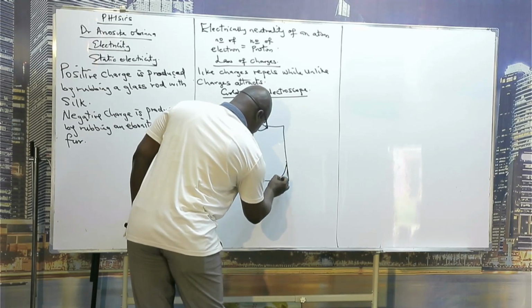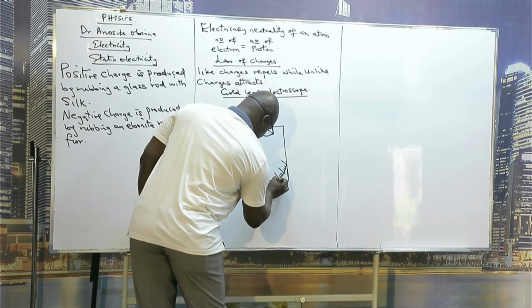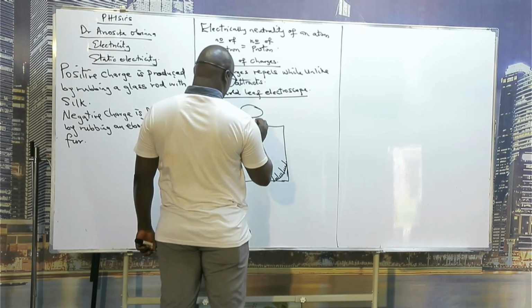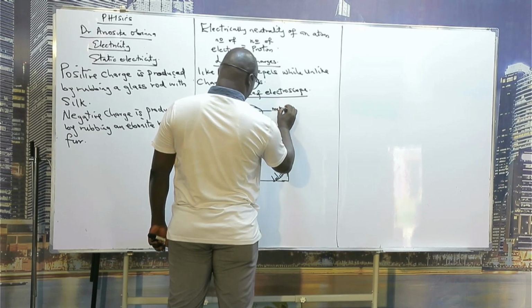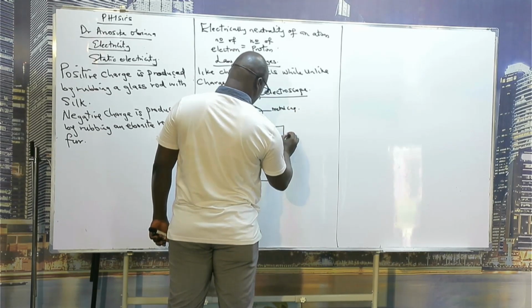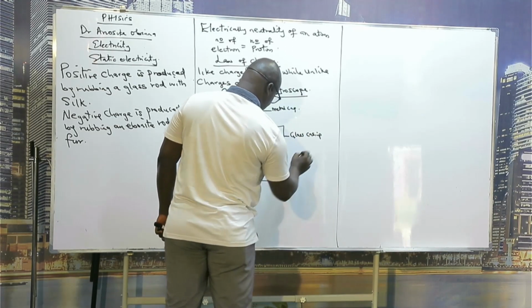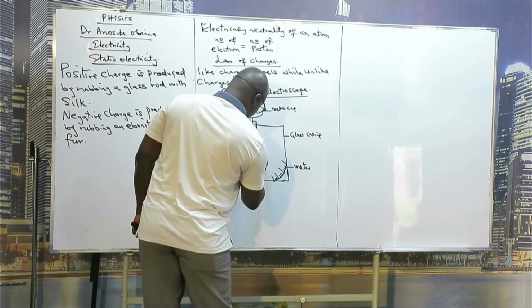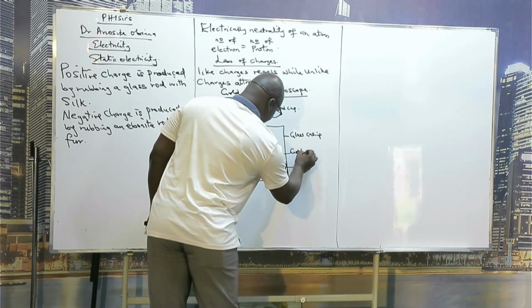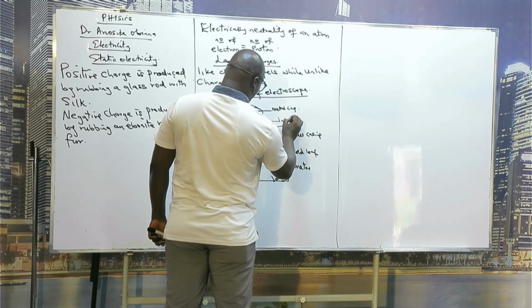Around the glass casing, we have the metal. The metal cap, the glass casing, the metal, we have the gold leaf. And this is the insulating cork.